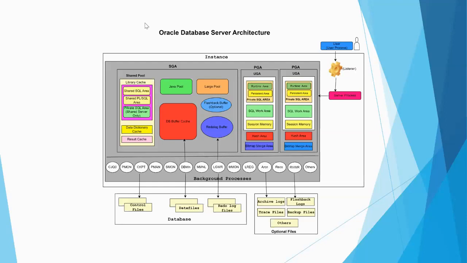So in that case, Oracle makes use of an algorithm called LRU, which stands for least recently used. What that algorithm does: let's say you allocated only 500 MB of memory to the shared pool, a very small shared pool.